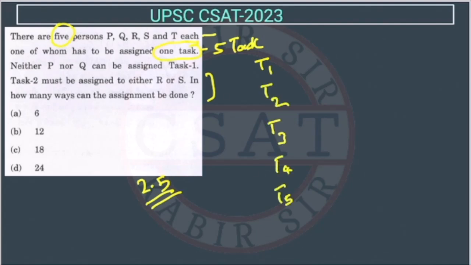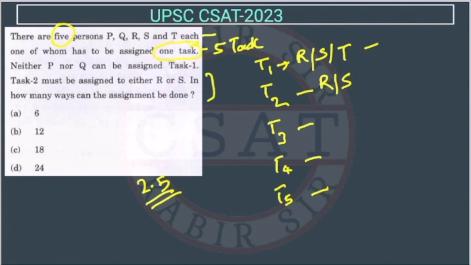Right. So now task 1 is not assigned to P or Q, so it can be assigned to either R, S or T. Task 2 must be assigned to either R or S. Task 3 can be assigned to anyone, so there is no condition for tasks 3, 4 and 5.